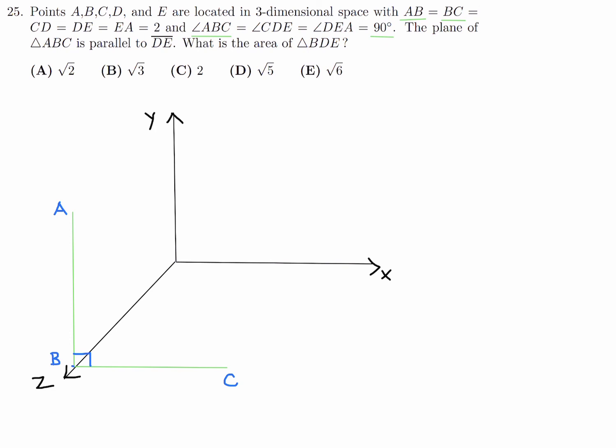Now let's draw CD. Where is CD? I have no clue. But did they tell me anything? Well, they tell me that CDE is 90 degrees right there. Okay, so CDE.